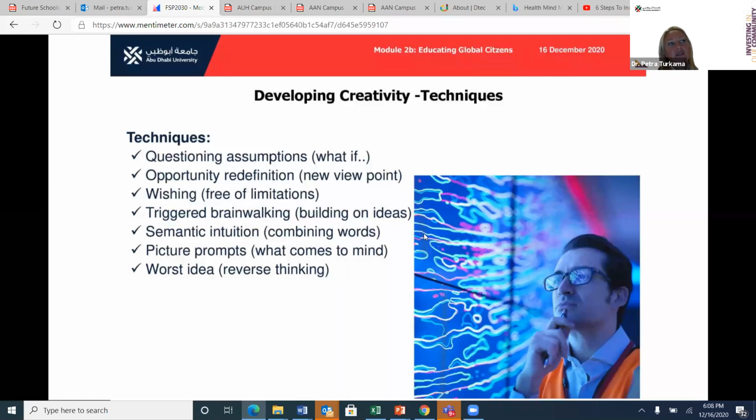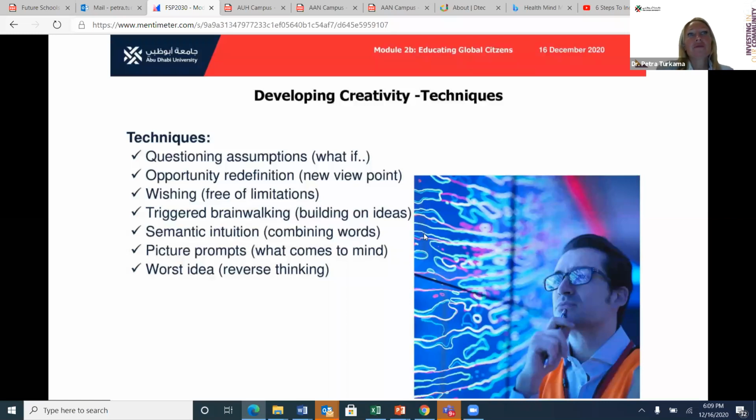Somebody thinks she's a restaurant owner and it's a busy lunch hour, so she's pitching in to help. And somebody said that she's a retiree, but she is broke, so she had to take a job to support herself even at an old age. So a very positive or kind of negative vibe for the same picture. And of course, everything in between as well. And the last one is also the worst idea, reverse thinking.